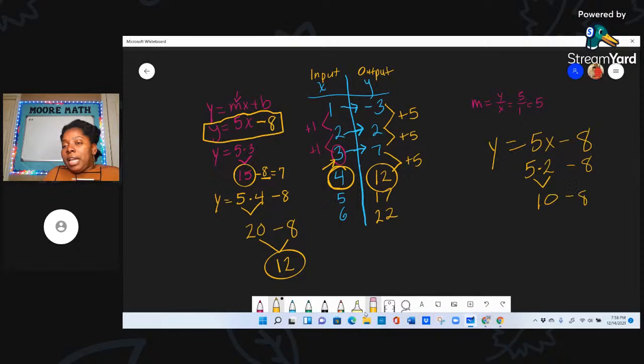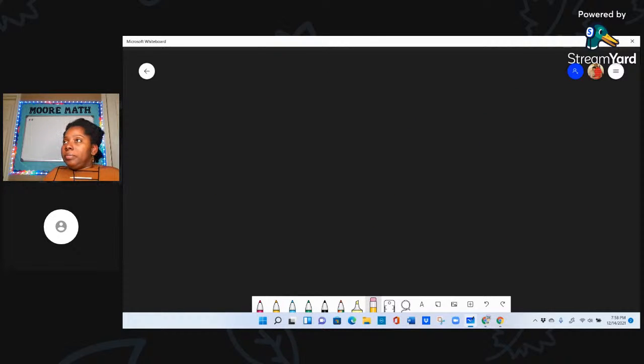And what's 10 minus 8? 2. Okay, that's how we got y equals 2. So when x equals 2, y is 2. You see it? Are you starting to understand how we're getting that second number? Okay, let's do it again.